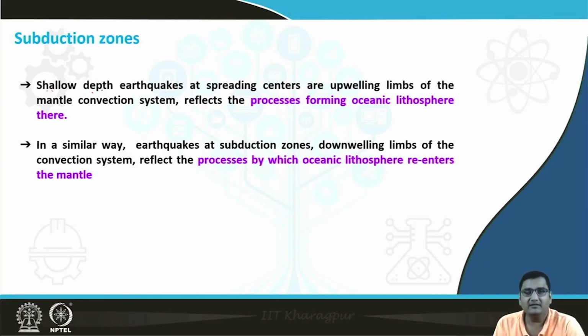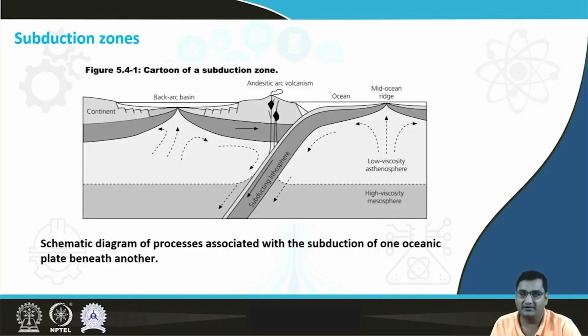And similarly, there are the subduction zones where the lithosphere is sinking down and being compensated into the mantle. In a similar way, earthquakes at the subduction zones, which are basically downwelling limbs of the convection system, reflect the processes by which oceanic lithosphere re-enters the mantle.